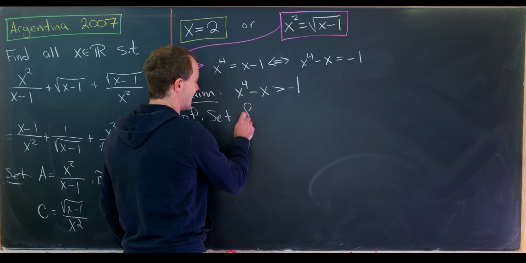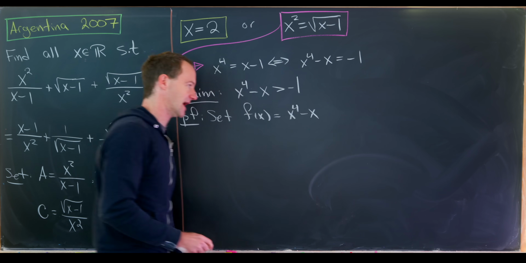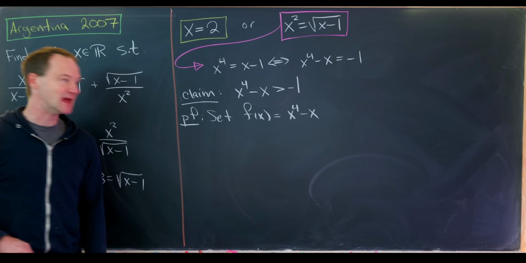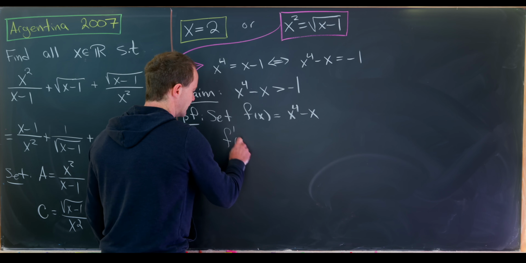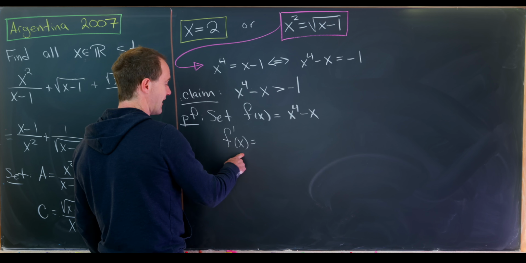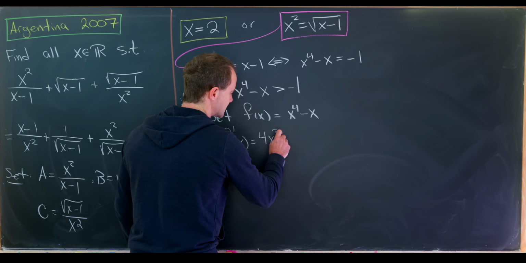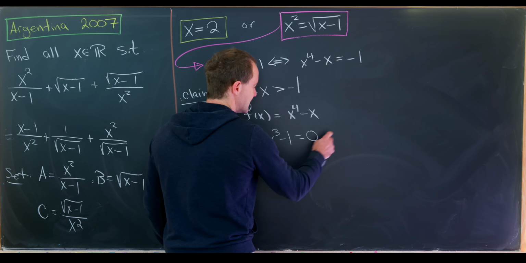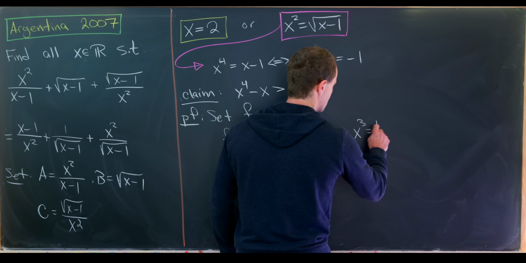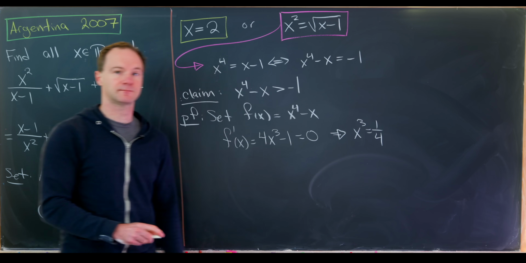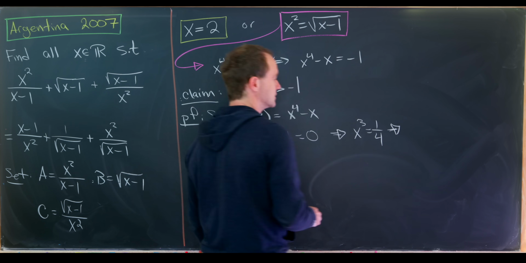So let's set f of x equal to the function x to the 4th minus x, and let's find the minimum of this function. So the minimum will occur when the derivative equals 0. So we've got f prime of x equals 4x cubed minus 1. Setting that equal to 0 gives us x cubed equals 1/4. But notice that only has a single real solution.